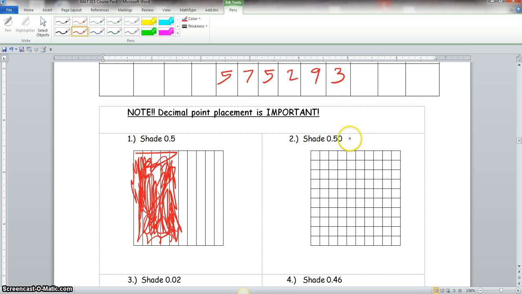Now you have shade 0.50. 0.5 and 0.50 is the same thing, but we have 100 boxes here. So we still would shade in just 50. It's actually any 50, but I'm just going to make it easy by shading these 50 here. So that's number 2.